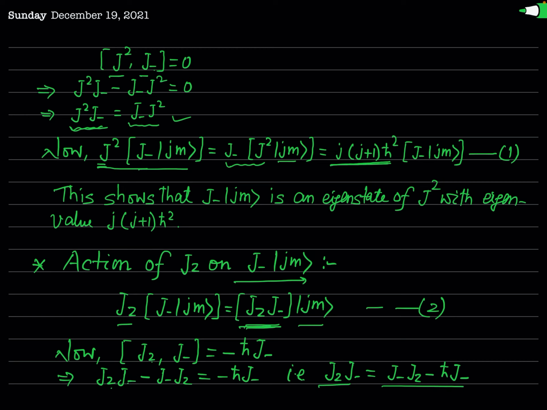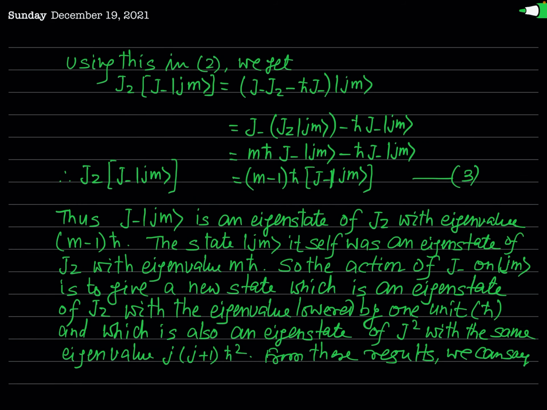Instead of this Jz J₋, now we will write J₋ Jz − ħJ₋. So what will now be equation 2? You can see this will be Jz operated on J₋|k,j,m⟩, equal to (J₋ Jz − ħJ₋)|k,j,m⟩. Now operate these two parts of the operator on the eigenstate |k,j,m⟩.